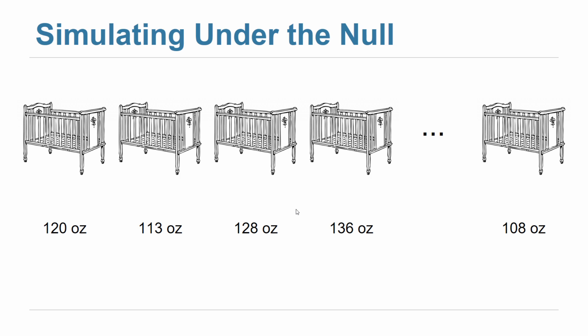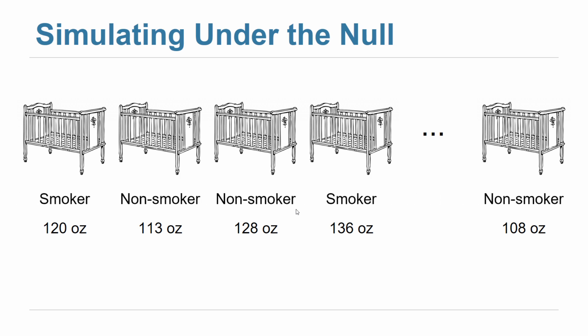We can do that also by shuffling the labels, just to keep the size of both groups as in the observed sample. Okay, so we can either sample randomly from the mothers without looking at the labels, or equally, we can just shuffle the labels.